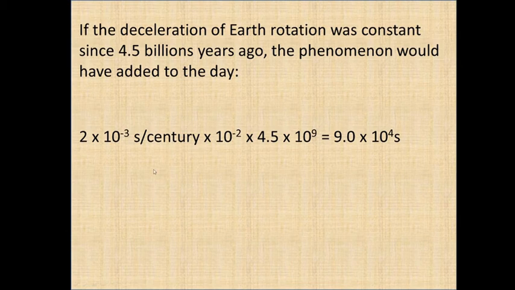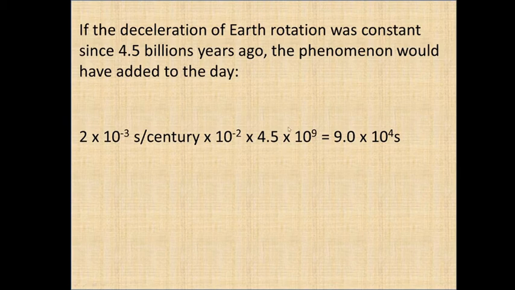But we have to multiply by 10 to the power minus 2 because we are not talking about centuries, but about years. And 4.5 times 10 to the power 9 because it's the number of years since the formation of the moon.